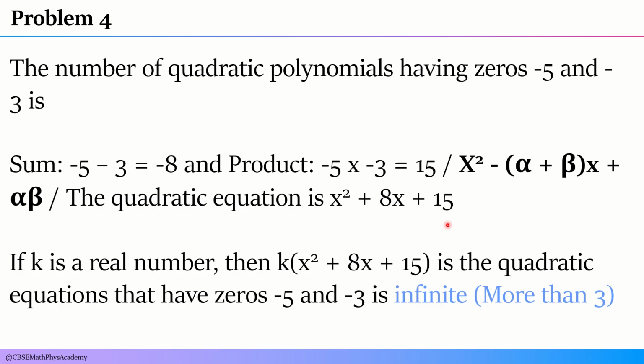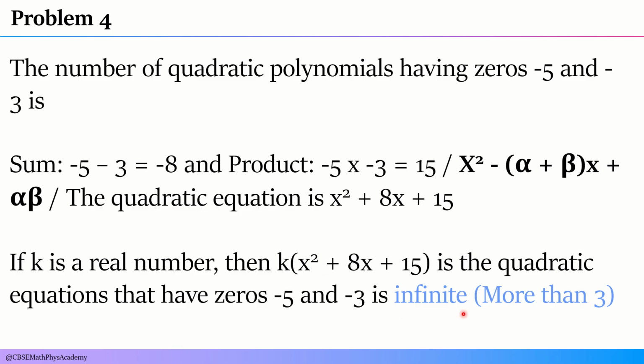However, the question is asking how many. You have found one polynomial, but the question is asking how many polynomials can have -5 and -3 as their zeros. So the answer is, if k is a real number, it can be anything. You can assume k, l, m, n, anything. If k is a real number, then k into the whole polynomial x square plus 8x plus 15 is a quadratic equation which can have -5 and -3 as its zeros, and k can have an infinite number of values.